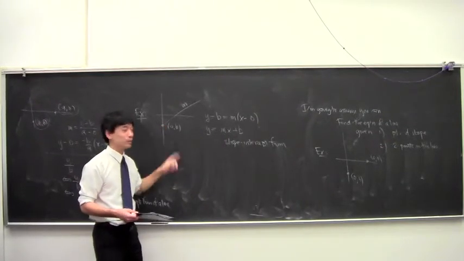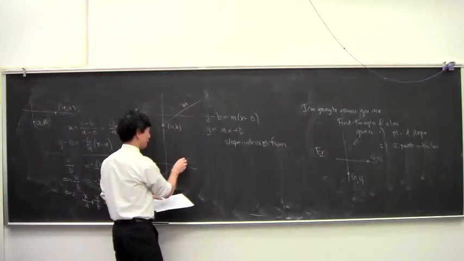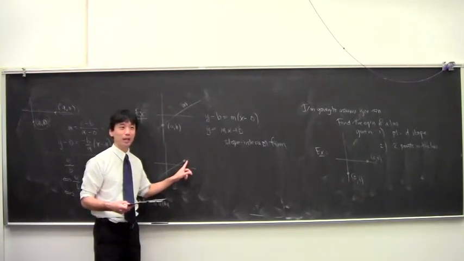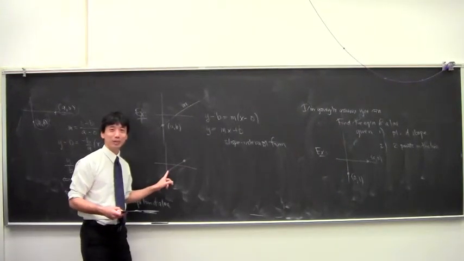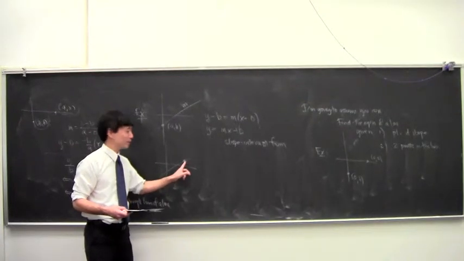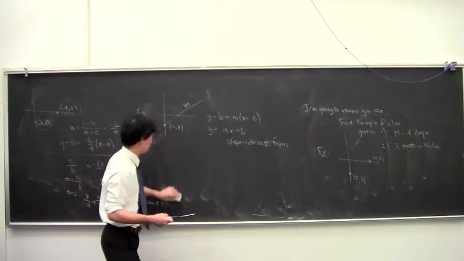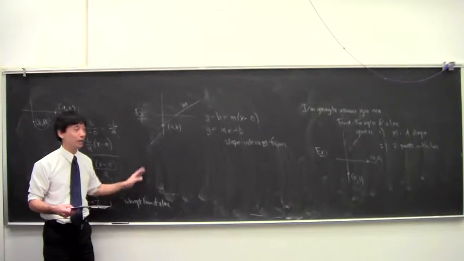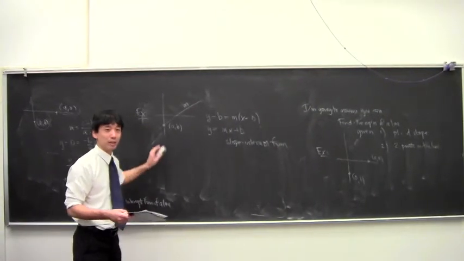For example, I give a point here, and I give the slope, and I ask what's the equation for this line. And instead of using the point-slope form with this point, for some reason people always switch it into the slope-intercept form, even though it's just extra work. I think probably the first form you're introduced to in junior high school is the slope-intercept form, but there's no particular reason that one should be preferred.